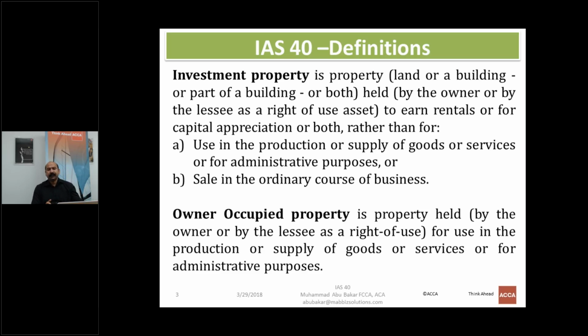Investment property is property, land or building, or part of a building or both, held by the owner or by the lessee as a right of use asset to earn rentals or for capital appreciation or both, rather than for use in the production or supply of goods or services, or for administrative purposes, or sale in the ordinary course of business.